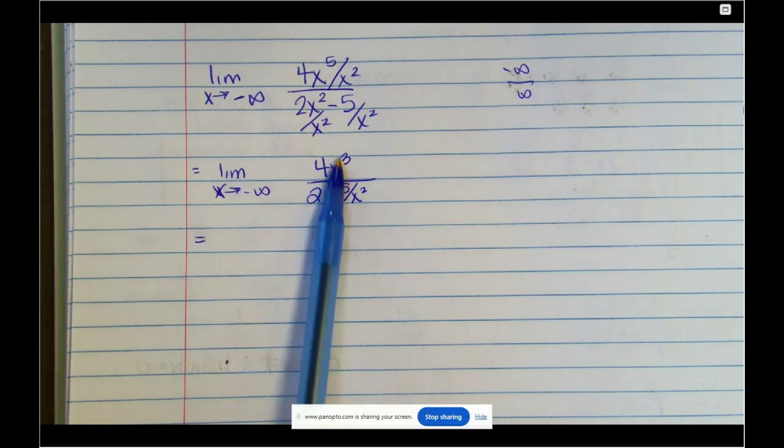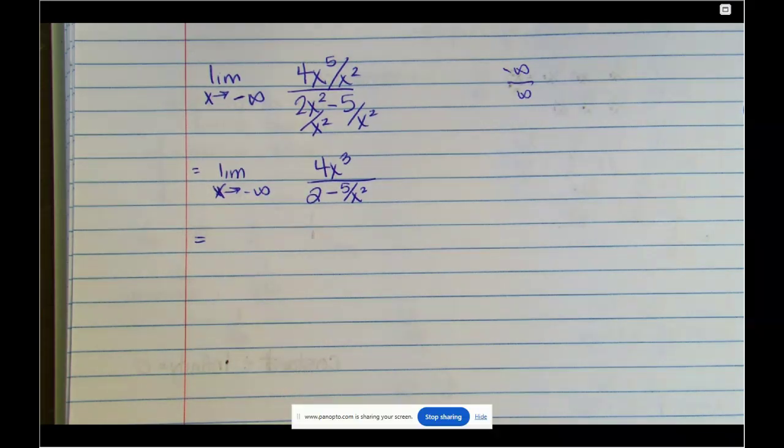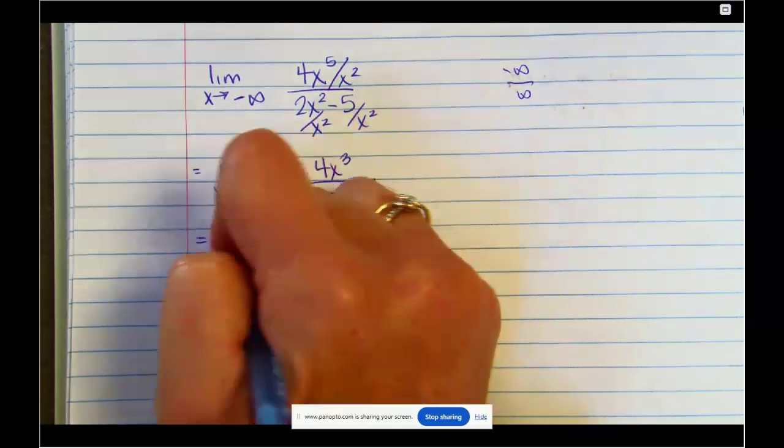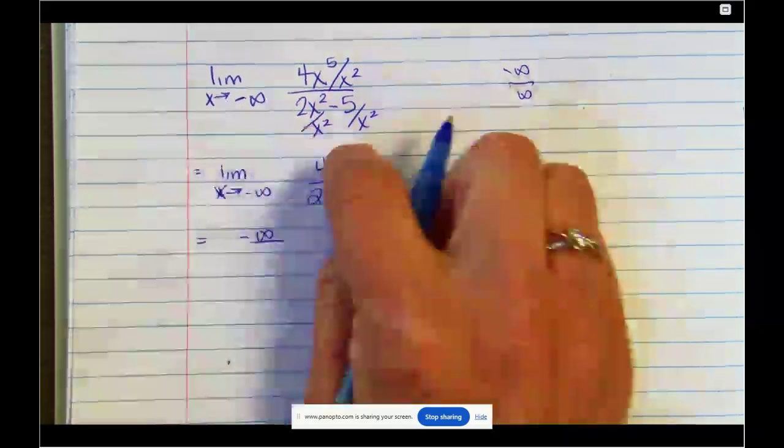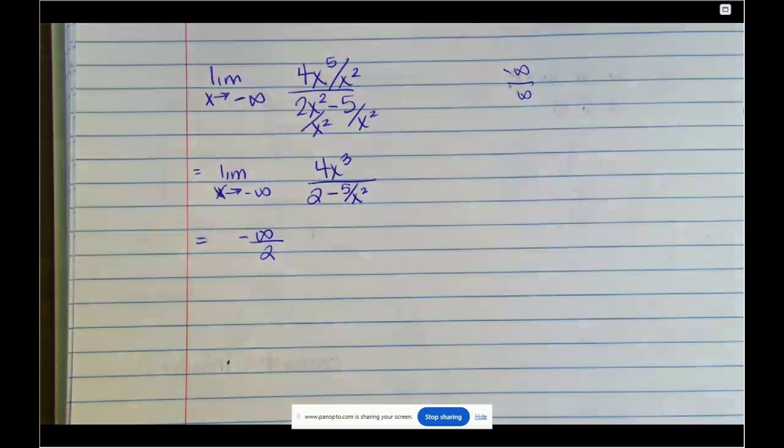Okay, so when you plug in negative infinity, what are you going to get? Negative infinity, right? Because it's cubed. So that's just negative infinity.